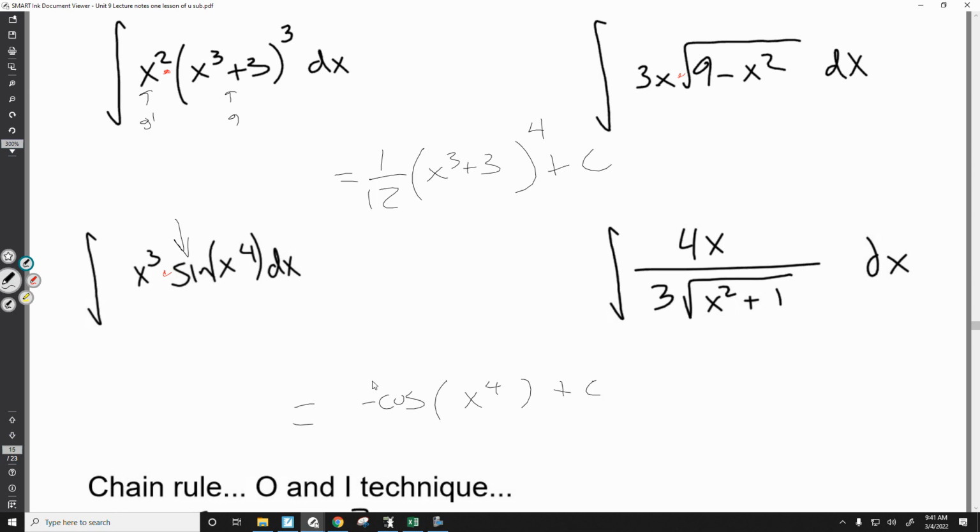Well, I'd have the derivative of the outside, which is positive sine, and then times the derivative of this x to the 4th. The derivative of x to the 4th is 4x cubed. I don't have 4x cubed, I just have x cubed. So what do I need? A 1/4.